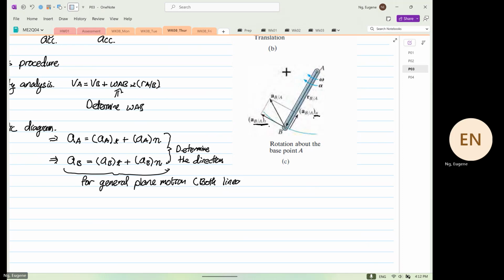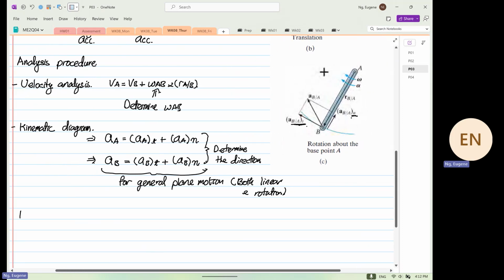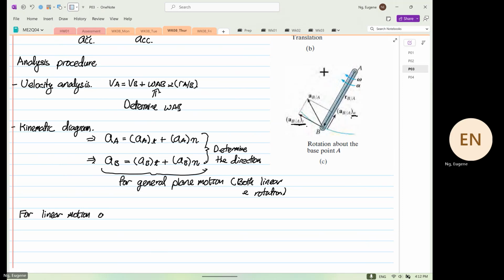Linear and what? Rotation. However, for linear motion only, I highlight down here linear motion.